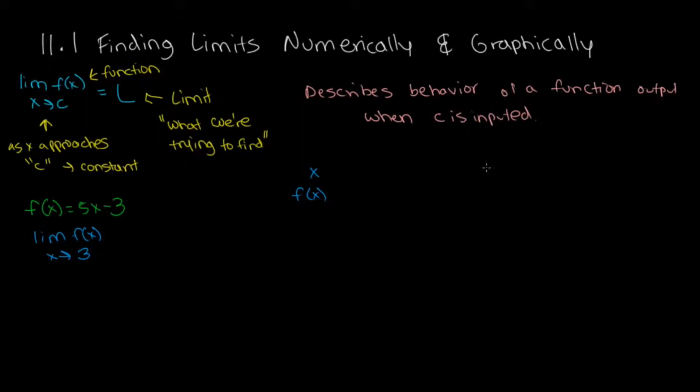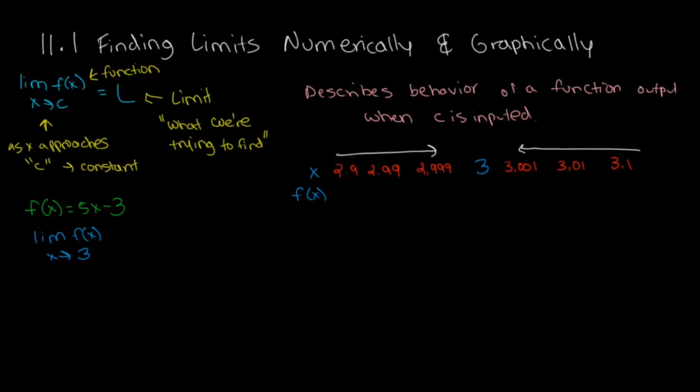So we're going to have 3 over here, and then we're going to find values that are less than 3 and values that are slightly greater than 3. So we have 2.9, 2.99, 2.999, 3.001, 3.01, and 3.1. I just pick values that are very, very close to 3, getting slightly bigger with each value.